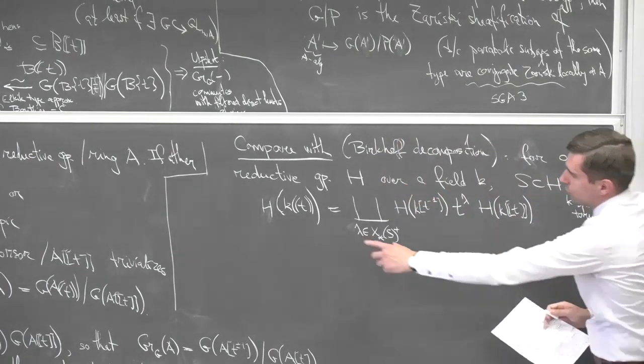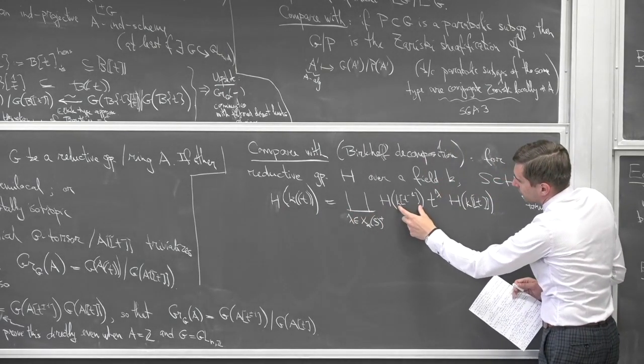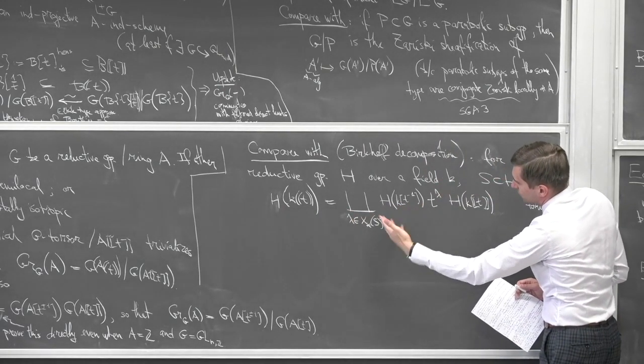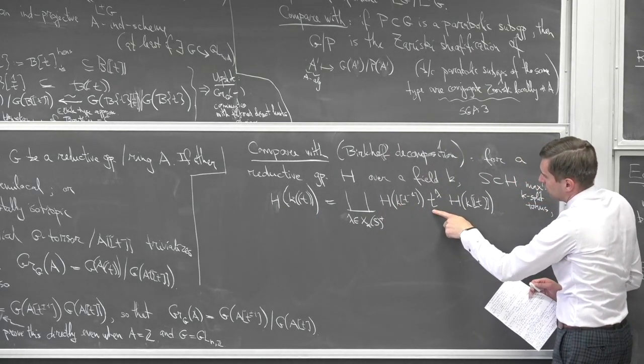Again, any loop can be made algebraic. I mean, not only algebraic, but with values in the opposite A1, then multiplied by t to the lambda.